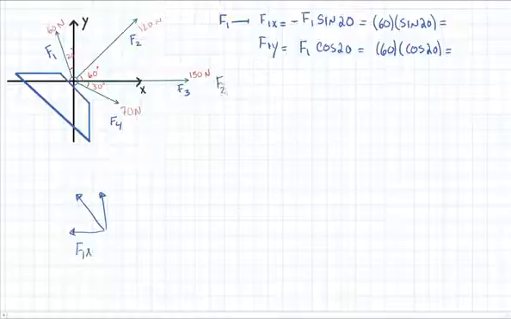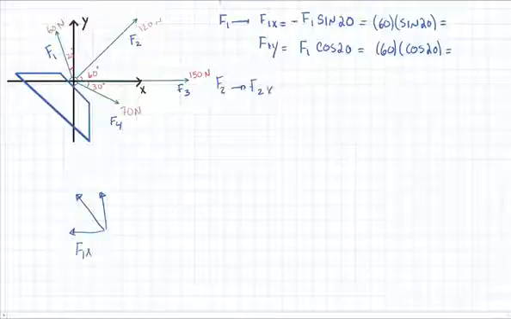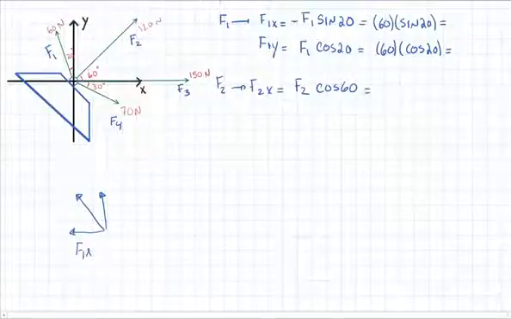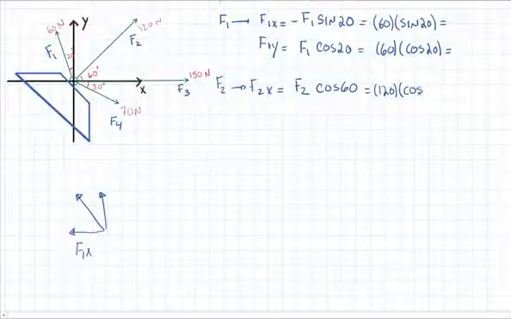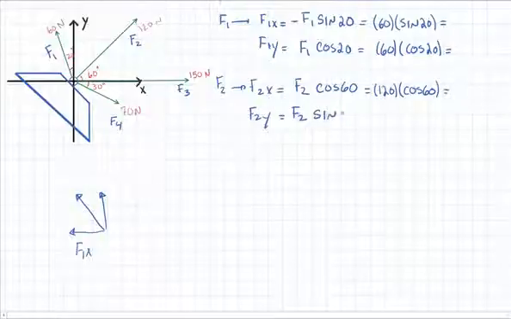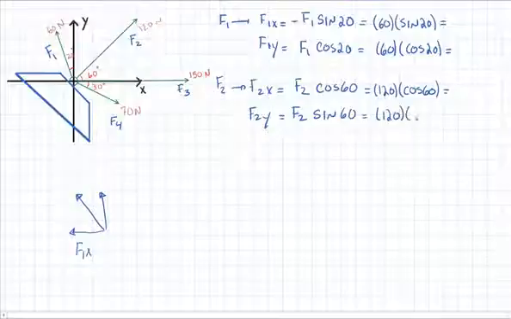Now moving on to F2. F2x is going to be equal to F2 cosine of 60 degrees, which is equal to 120 newtons times cosine 60 degrees, and F2y is positive, so it's F2 sine 60 degrees, which is equal to 120 newtons times sine 60.